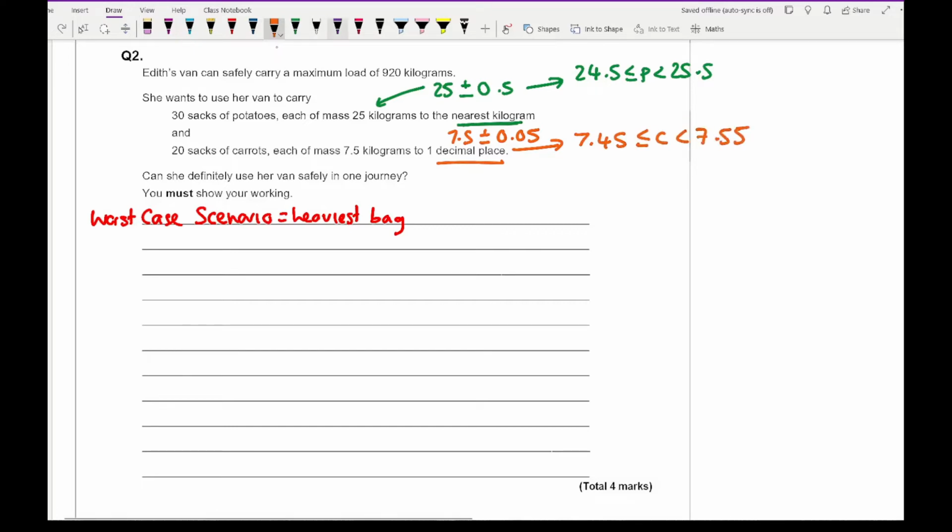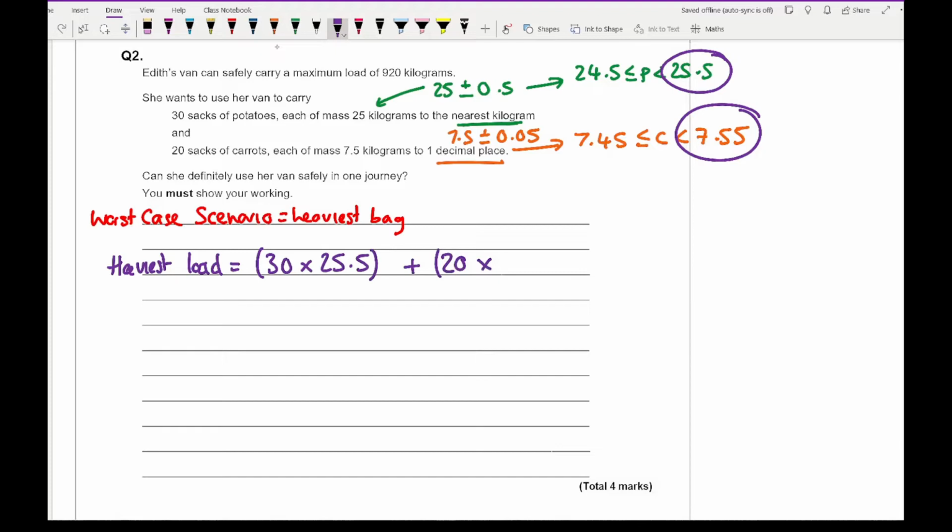7.55. So if I take the heaviest scenario, so that's using 25.5 and 7.55, the heaviest load is going to be 30 sacks of potatoes weighing the maximum, which is 25.5, plus 20 sacks of 7.55.